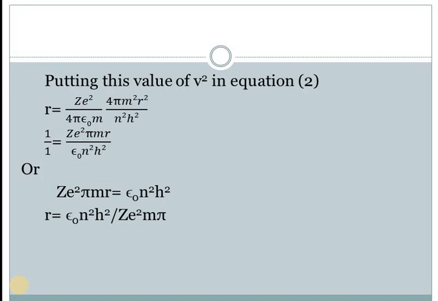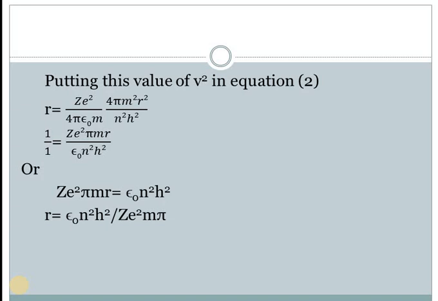So pi value will be fixed, n cannot be fixed, because n is basically the shell number. It can be 1, 2, 3, 4, but epsilon naught is a permittivity constant, it would be fixed. h is a fixed Planck's constant value.